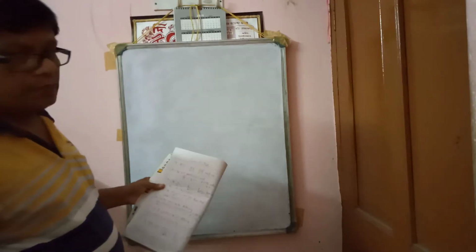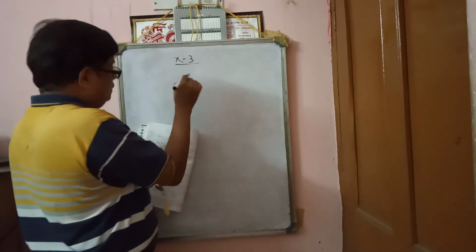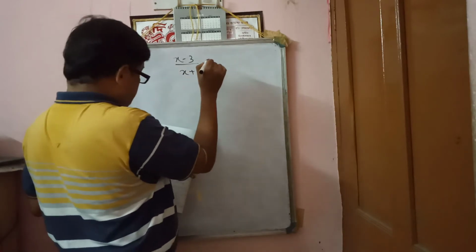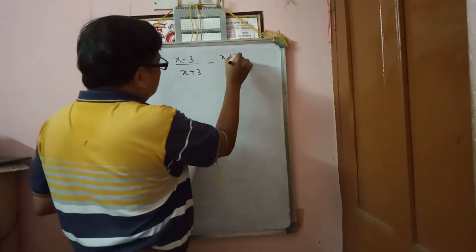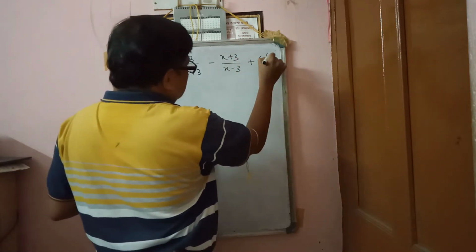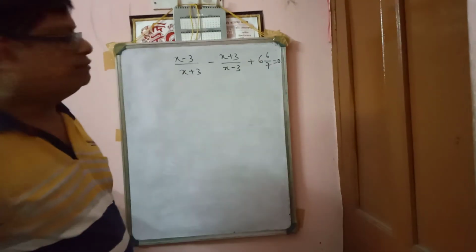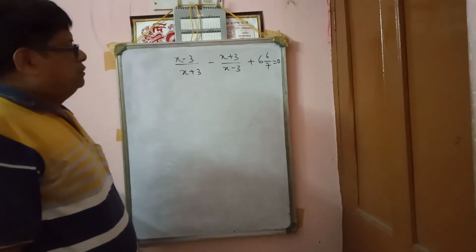Suppose x minus 3 by x plus 3 minus x plus 3 by x minus 3 plus 6 by 7 equal to 0. How to solve?